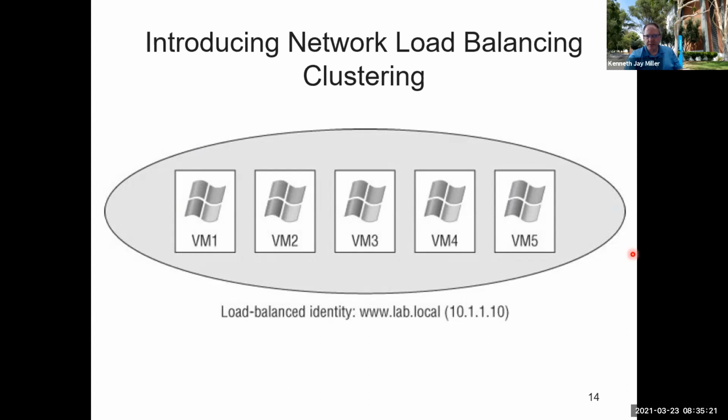So this would be like a load for a web server. Our web server has this www.lab.local. That's a web page, but it's actually hosted on 5 different servers. So whatever the web server settings are on VM1 is identical on 2, 3, 4, and 5.